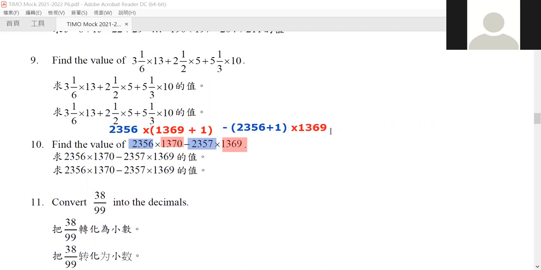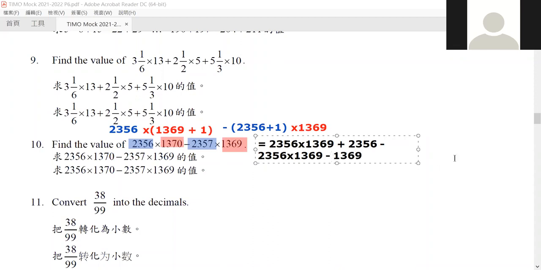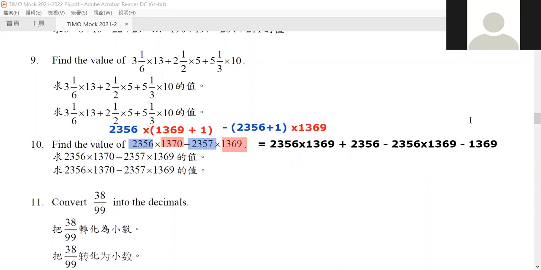Now, after we write it like this, we can use our distributive law to rewrite. Again, we want to place our multiplication into each and every term of the bracket. So it will be 2356 times 1369 plus 2356, minus 2356 times 1369 minus 1369. Okay, so this is just by pure expansion.